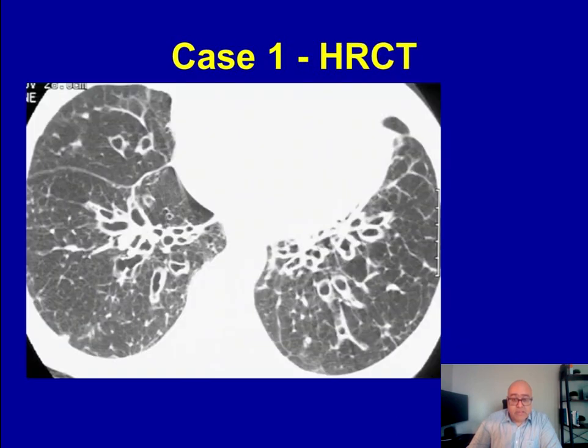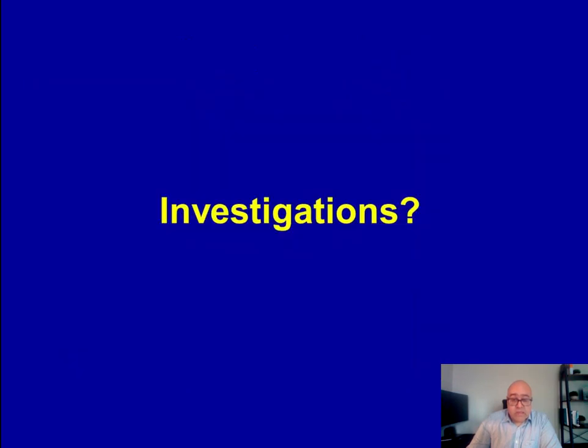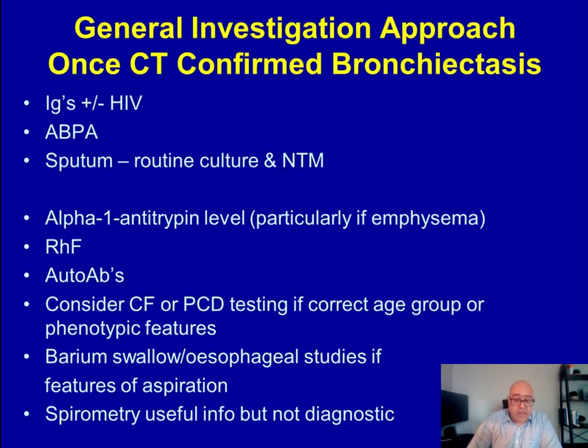So the patient, as we said, had an HRCT scan which did confirm bronchiectasis. We already know that. So therefore, we need to think about, what are the appropriate investigations. And there's a general approach which we can use. Essentially, all patients should really have the top items on this list done.